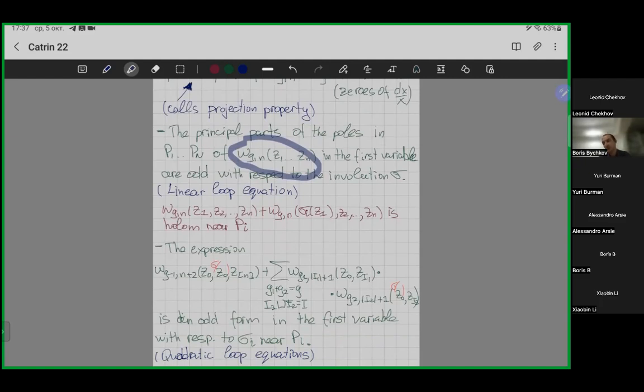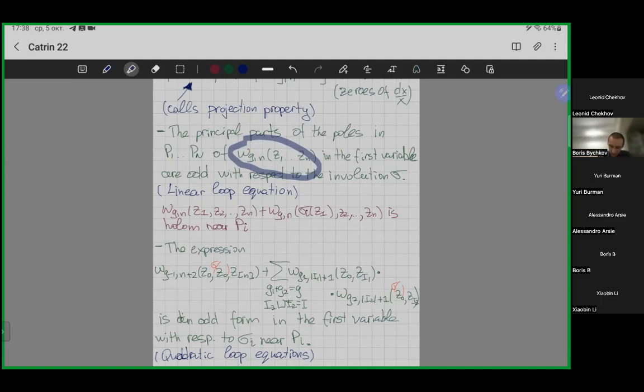So in fact, how do we usually prove this? You could describe a space of functions with such conditions and prove that these omega G,Ns lie in this space of functions.